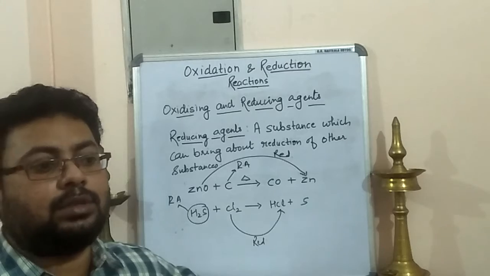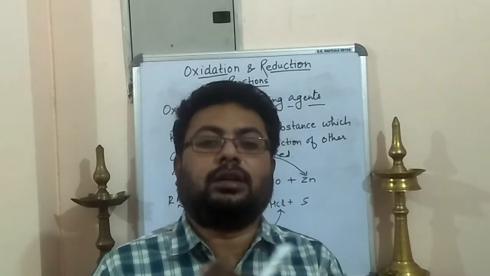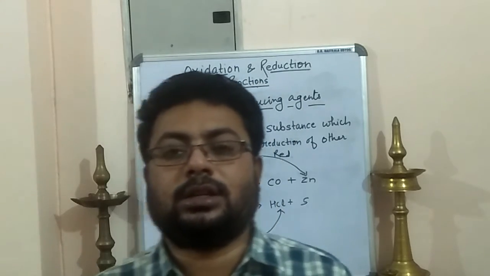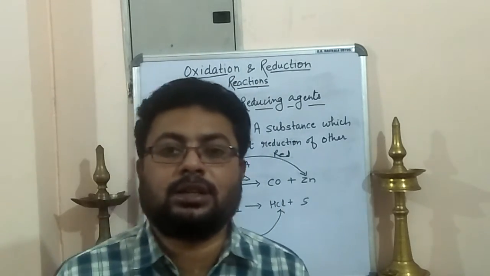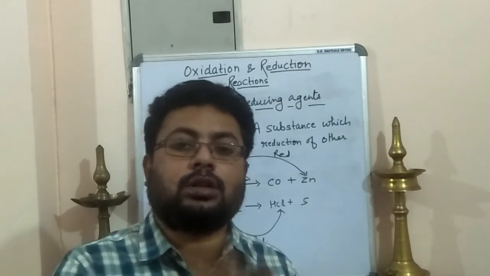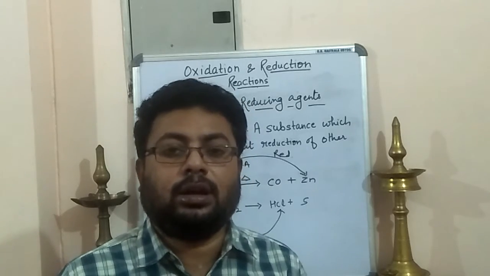In your exams you may be asked to identify the oxidation reaction, the reduction reaction, or you may be asked to find out which substance is getting oxidized, which substance is getting reduced. Then you may also be asked to find out the oxidizing and reducing agents in a particular reaction.